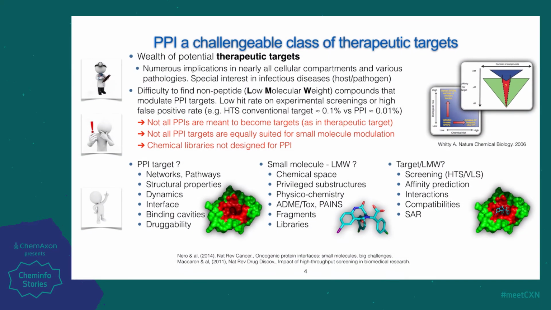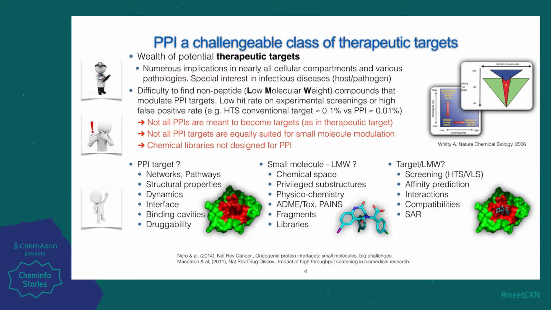First, why study protein-protein interaction? In the field of drug discovery, they represent a wealth of potential therapeutic targets with numerous implications in nearly all cellular compartments and various pathologies, with a special interest in infectious disease because of the host-pathogen interactions.